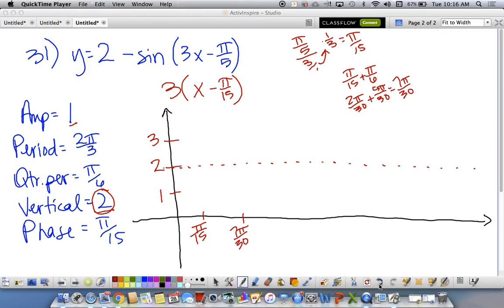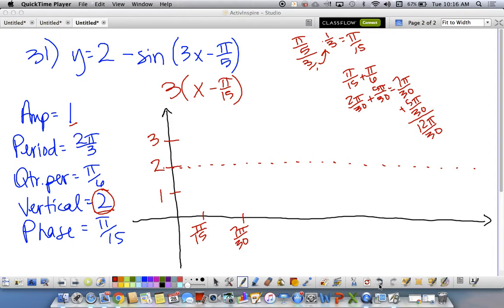What are we adding every time? 5 pi over 30, our pi over 6. So 7 plus 5 is 12 pi over 30. Now, 12 pi over 30 will reduce to 6 pi over 15. It should reduce more than that.